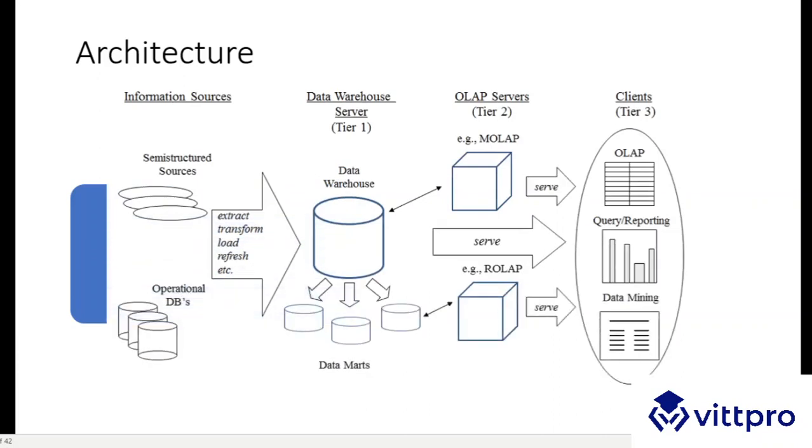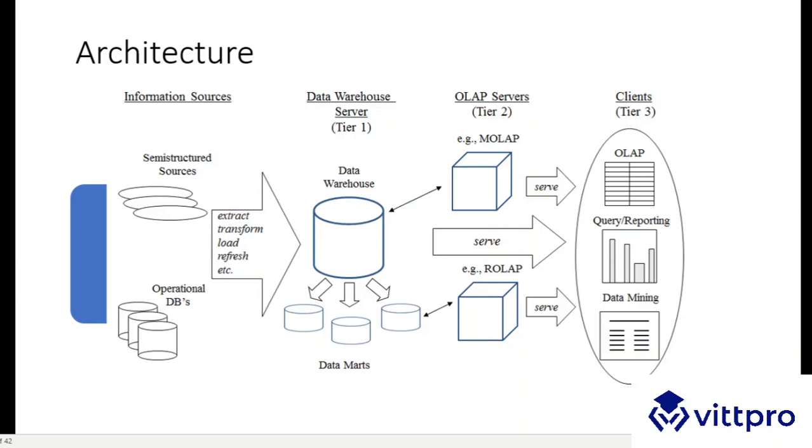So this is called the three-tier database structure, where you have the information source, which is a semi-structured or structured source, and we have the operational database, which is extracted and put into the data warehouse, which is called tier one. Then you have OLAP servers, which are usually responsible for processing it.